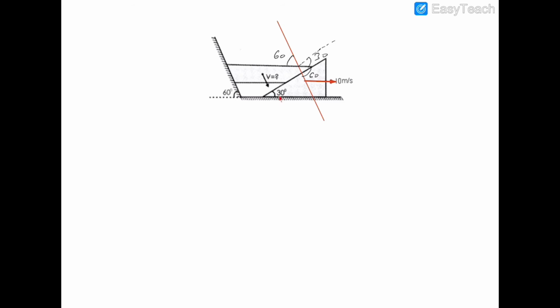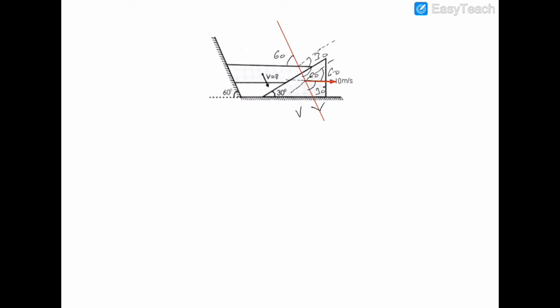You can see that. So this velocity will be v, and this angle is 60 and this angle is 30.